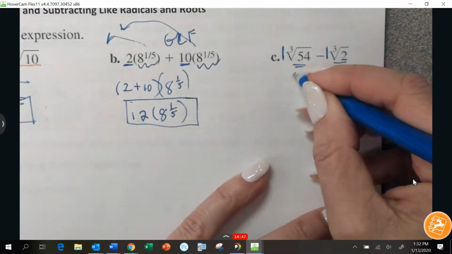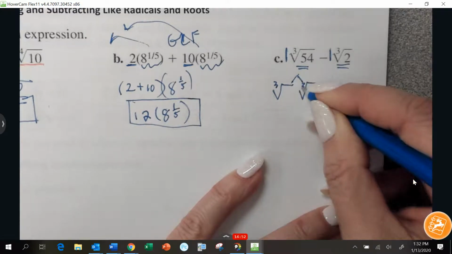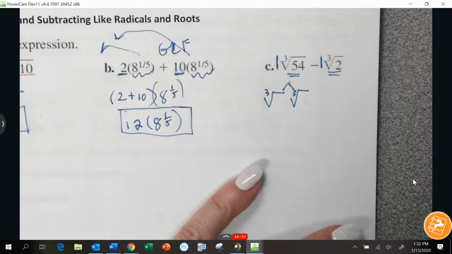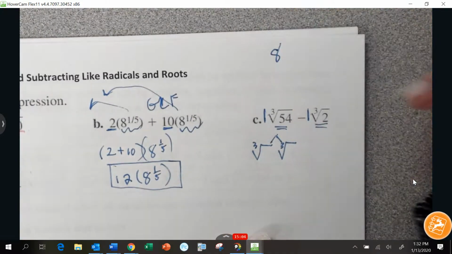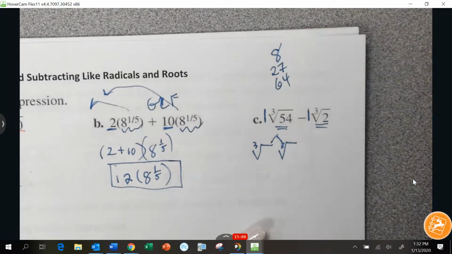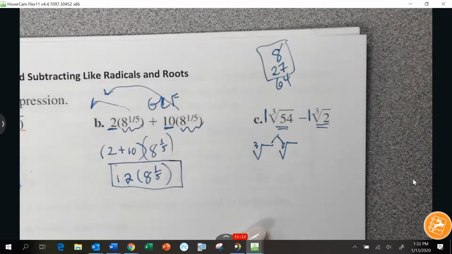But 54, perhaps there is a perfect cube that goes into 54. What perfect cube goes into 54? 9 and 6. Neither of those are perfect cubes. We need to know perfect cubes, like 2 to the 3rd is 8, 3 to the third is 27, 4 to the third is 64, which is already bigger than 54. Does 8 go into 54?